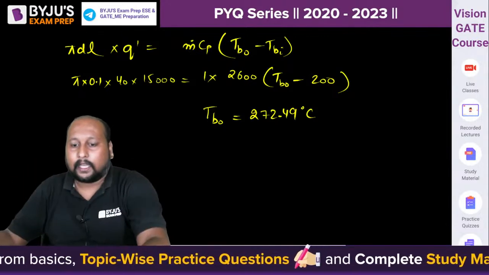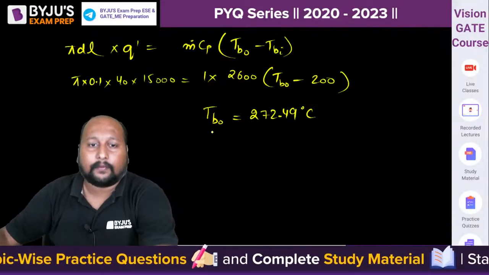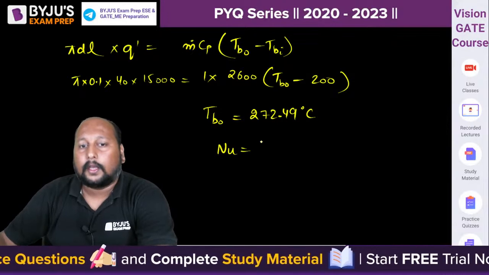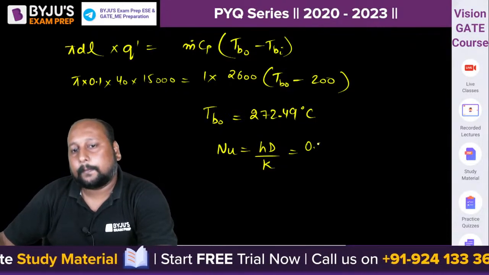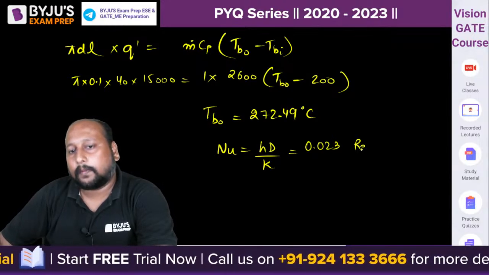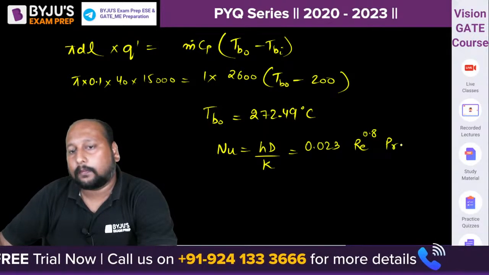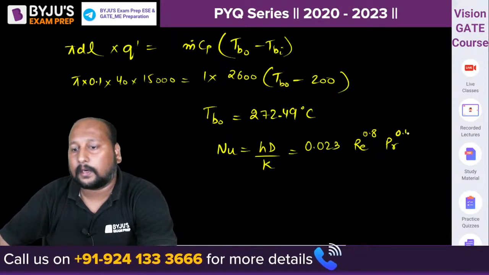Now they have given you the Nusselt number. Nusselt number is equal to hD by k, that is equal to 0.023 Reynolds to the power 0.8 and Prandtl to the power 0.4. They have given this particular formulation.